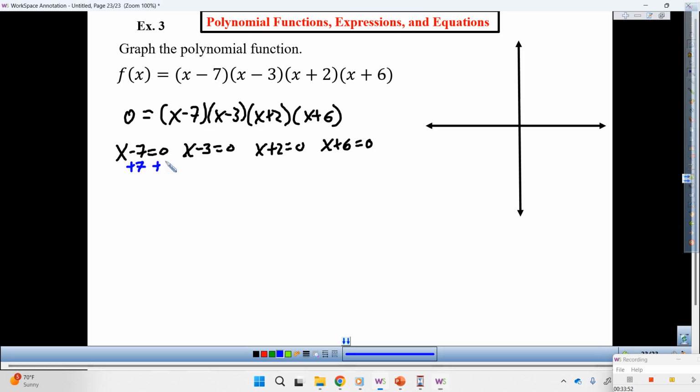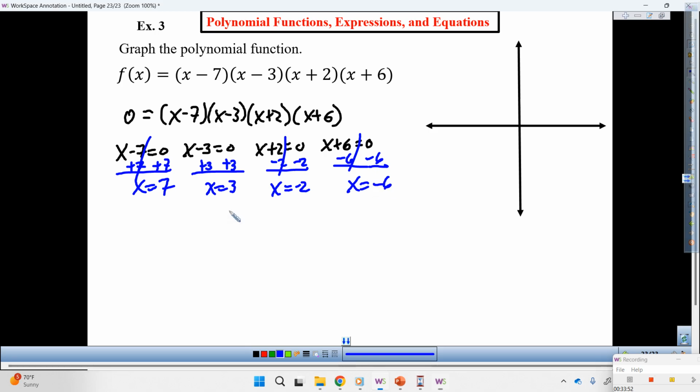Plus 7 plus 7, x equals 7, plus 3 plus 3, x equals 3, minus 2 minus 2, x equals negative 2, minus 6 minus 6, x equals negative 6. These are my zeros. How many of them? 1, 2, 3, 4. So it comes from the parent function, x to the 4th.